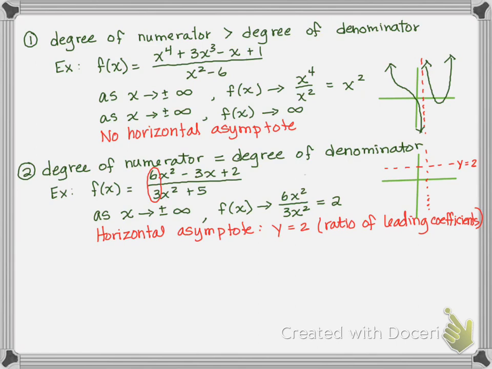And then my function would do something like this and that. So that right arrow gets closer and closer to that horizontal line, and the left arrow gets closer and closer to the horizontal line as we move out to the edges of the graph.